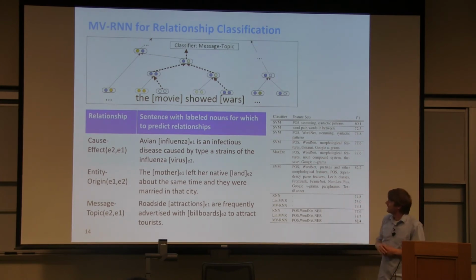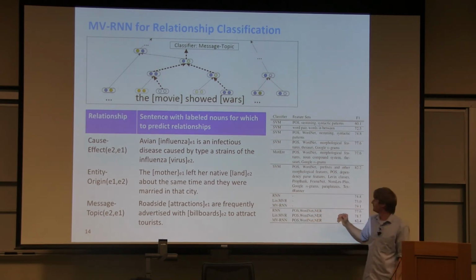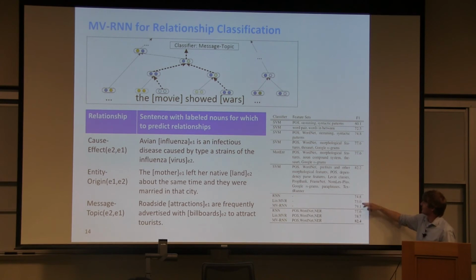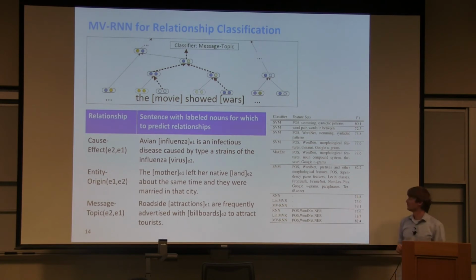And they got 82. And then we tried to train this with just these different recursive neural network architectures, the standard RNN and the MVRNN. And the MVRNN got better, but it was just not able to compete with this, largely because the training data set was just not large enough. And you couldn't generalize certain examples from this small training set.